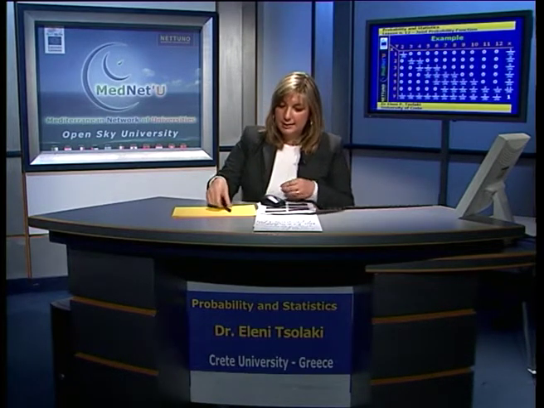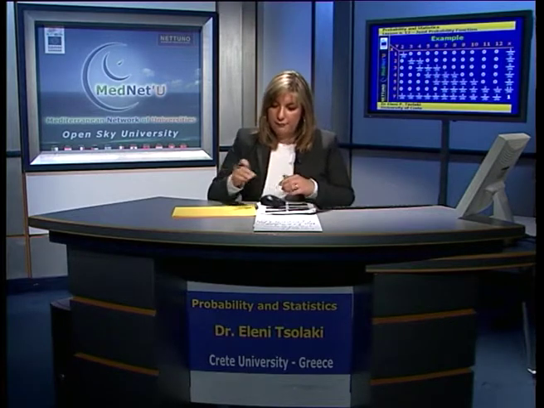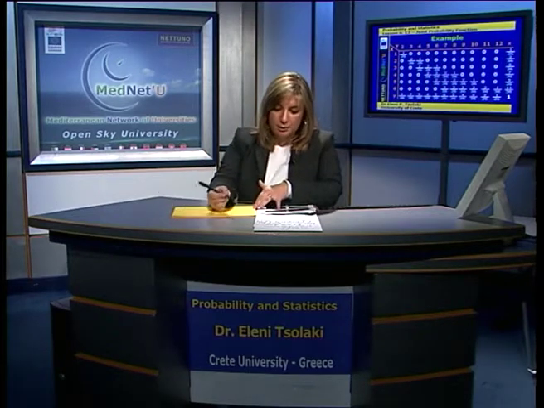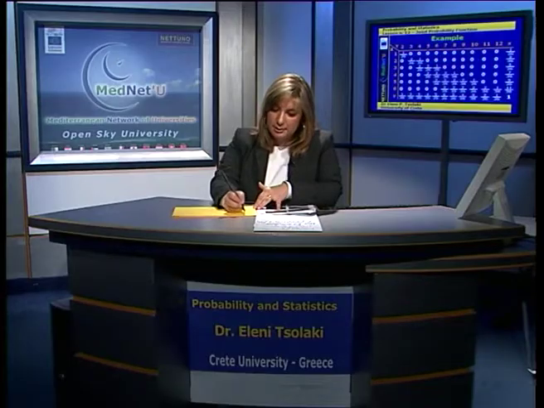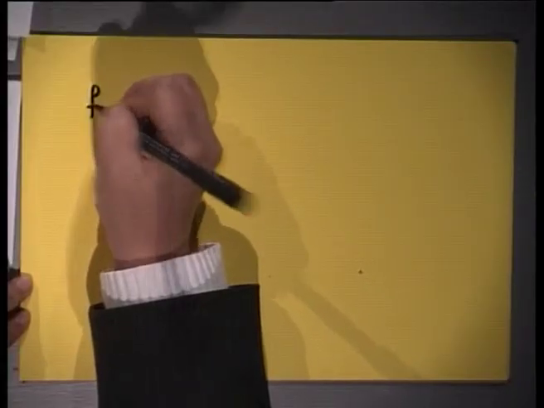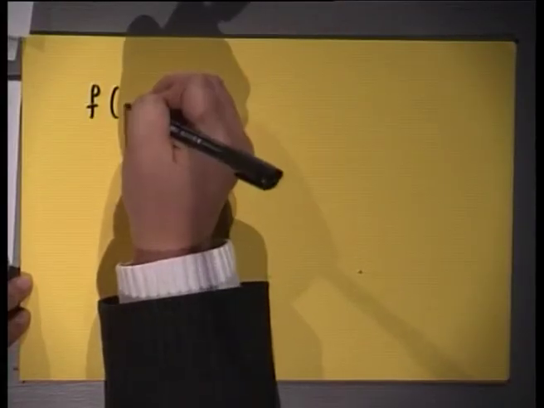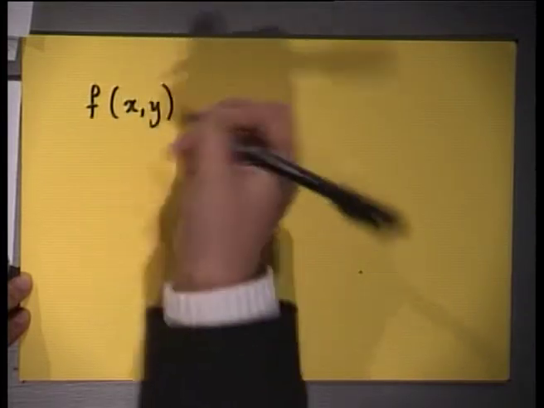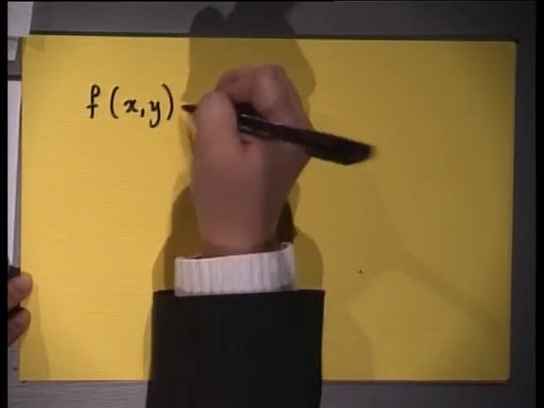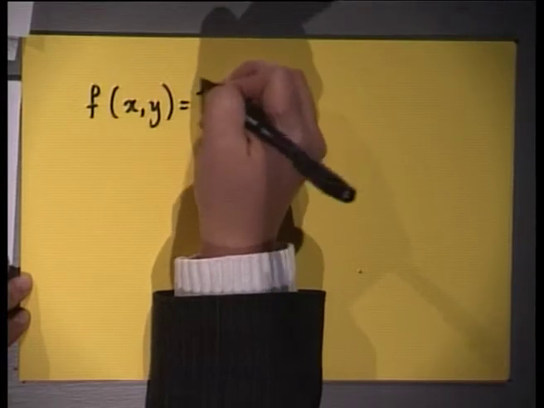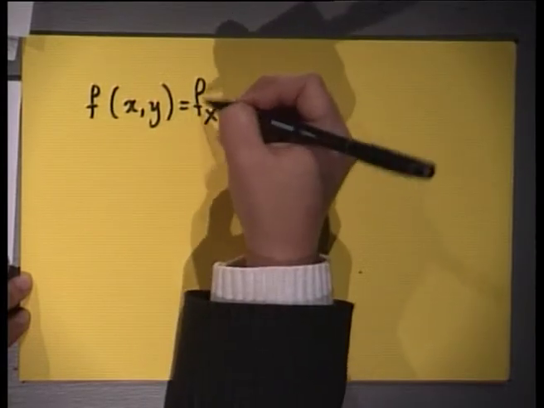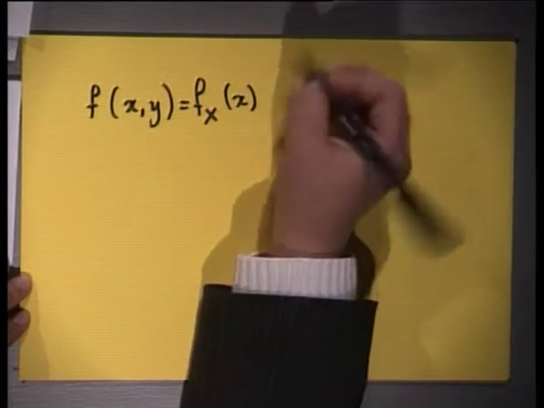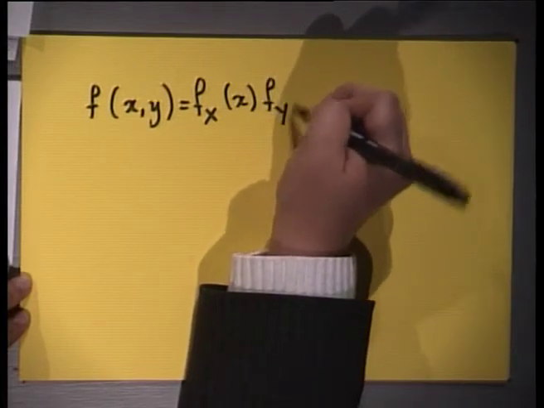We have said that in order for the two random variables to be independent, we have to have that f of xy, the joint distribution function, should be equal to the product of the marginal of X with the marginal of Y.